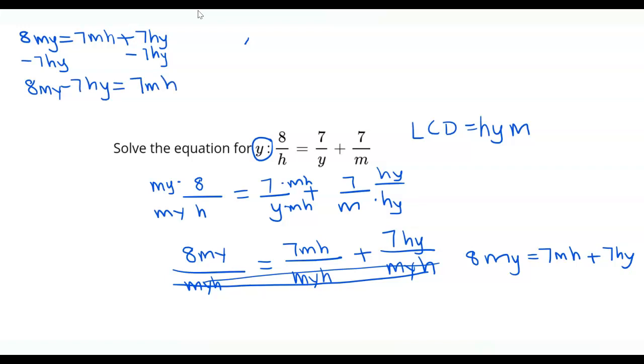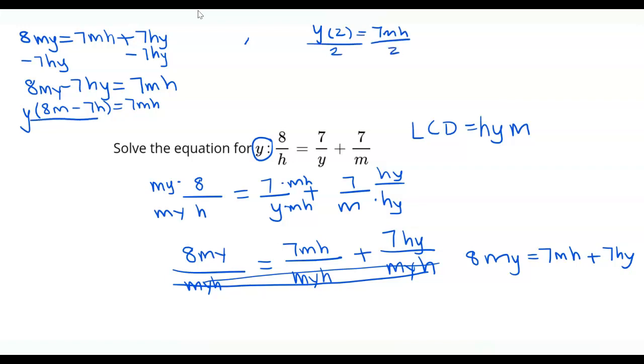So I'm solving for y, so I've got to isolate it. And one way that I can do that here is I can factor it out of both. So I factor y, the first term I'll just have 8m, the second term I'll have minus 7h, and then still equal to 7mh. Now, just like if I had y times 2 equals 7mh, well, to get y by itself, I would divide by 2.